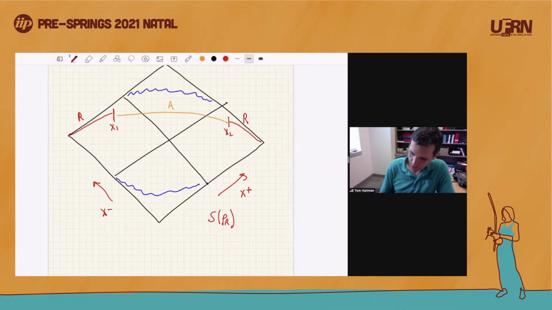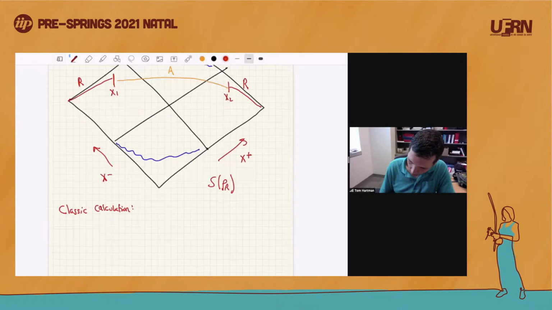So the classic calculation is as follows. S of rho R is equal to S of rho A, because the quantum fields are pure on the full Cauchy slice.